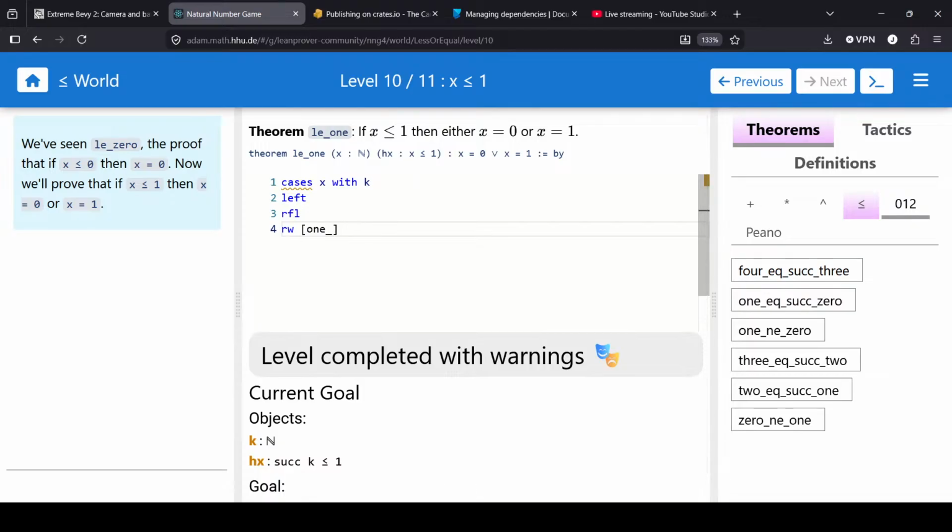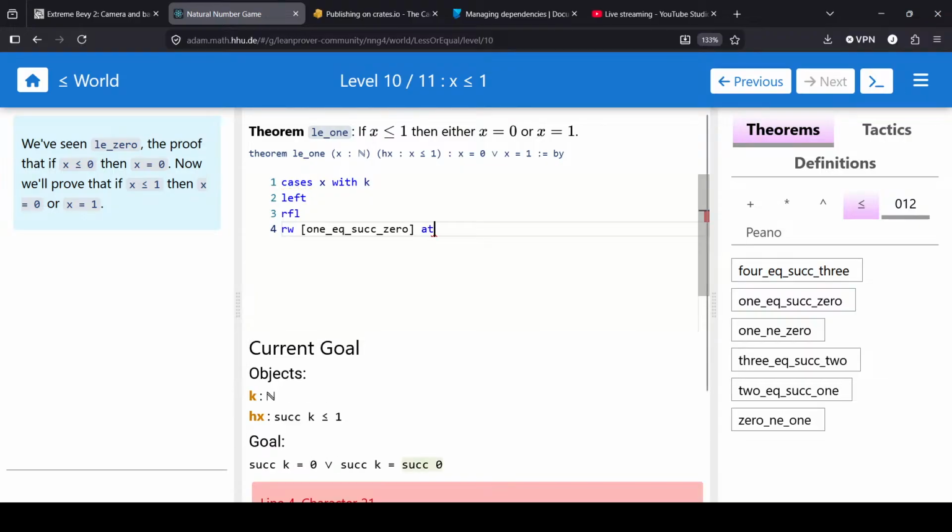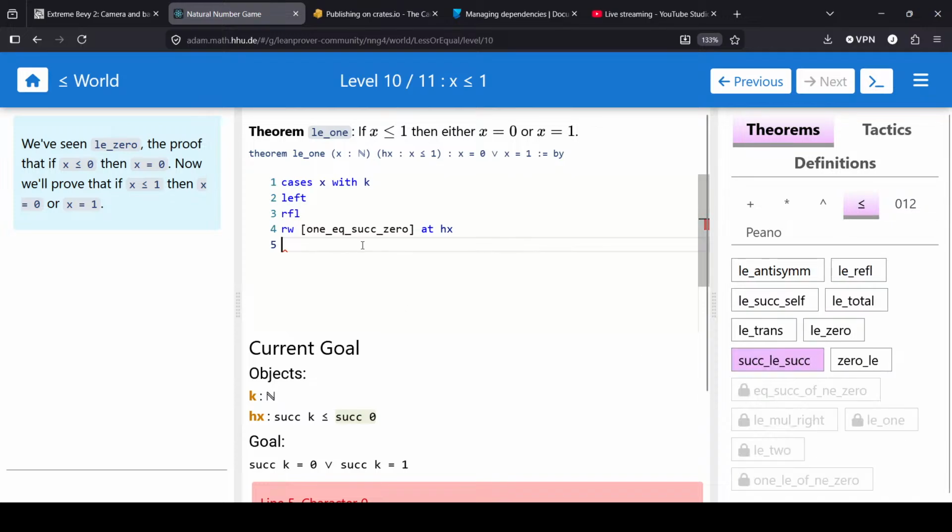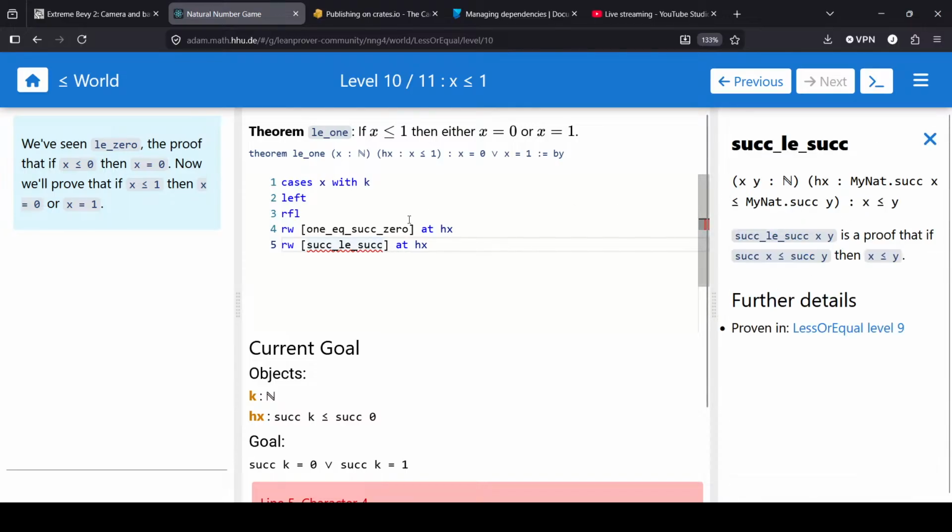Wait, no, not equals 0. 1 equals suck 0 at hx. And now I can apply u suck le suck at hx. Why do you not like this? Is this a... Oh wait, no, of course I can't rewrite. It's an apply.